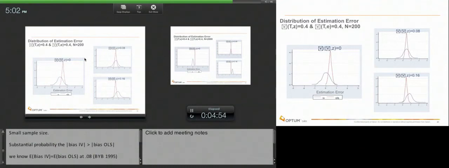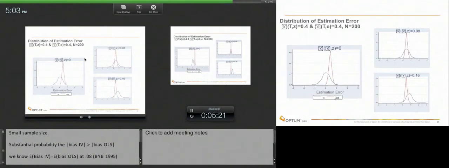Notice that it has a smaller standard error, but it's still biased. So, not knowing which sample we had or where we were on these distributions, we'd want an approach that was going to give us an unbiased estimate on average. So instrumental variables looks pretty good for this case.